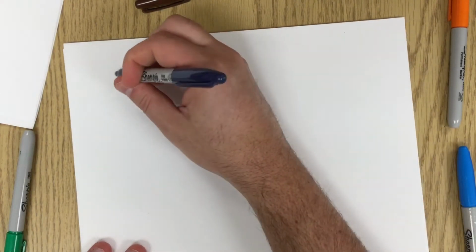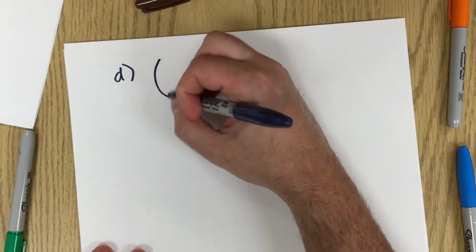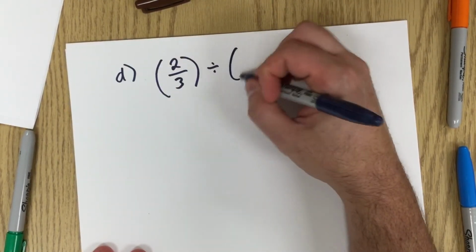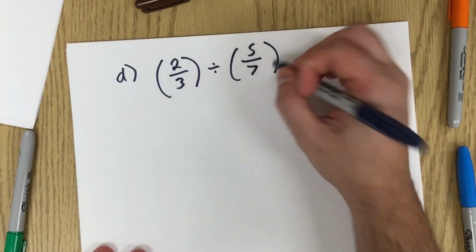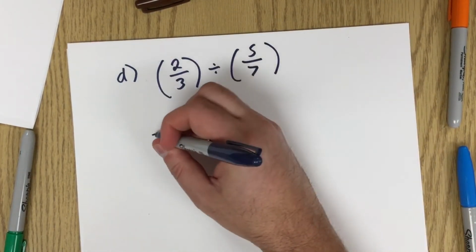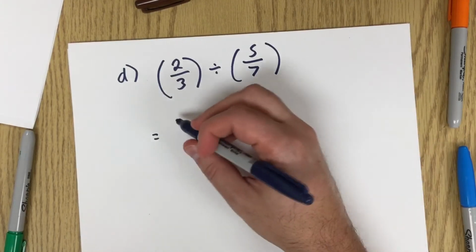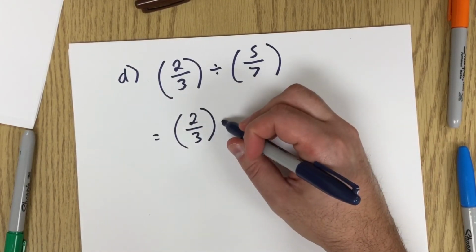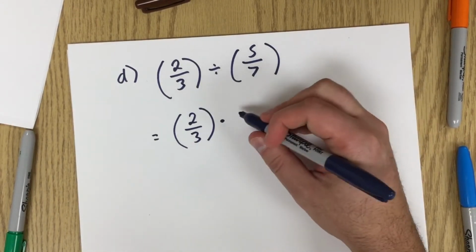Still on the warm-up. If we have 2/3 divided by 5/7, how do we divide fractions? The way we divide fractions is we change it to a multiply, which I'm going to write as a dot. That's going to mean multiply.